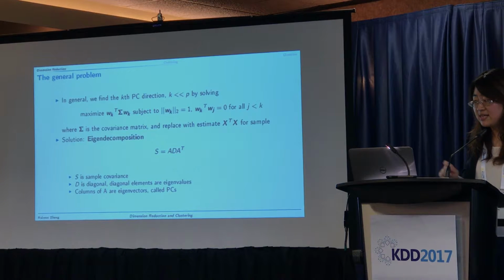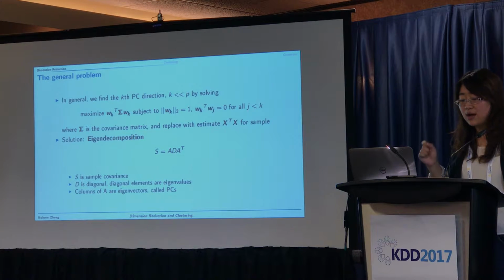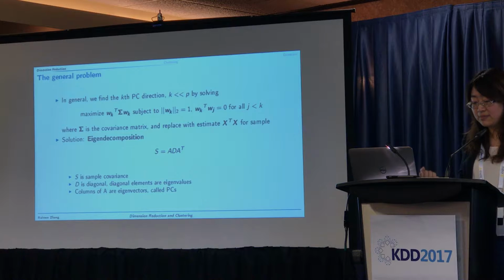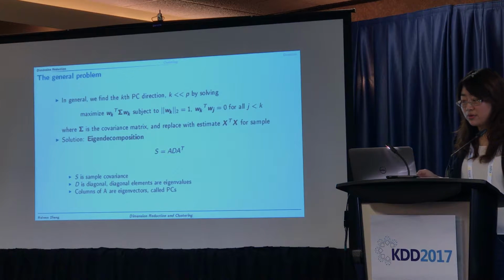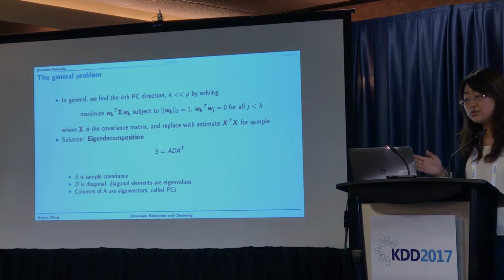So this slide answers the question we had before, how to calculate the weight w. So in general, if we need to find the k-th PC, then we simply maximize the following optimization problem, which maximizes the variance in the projection under two constraints.